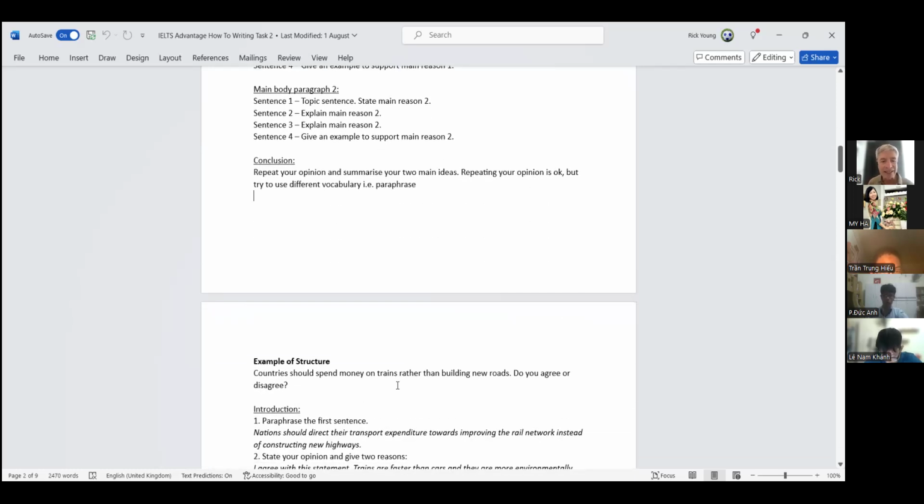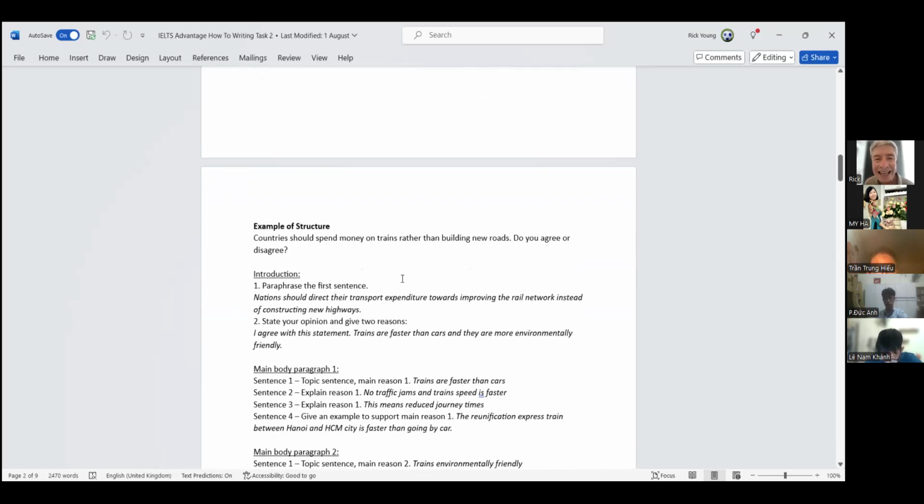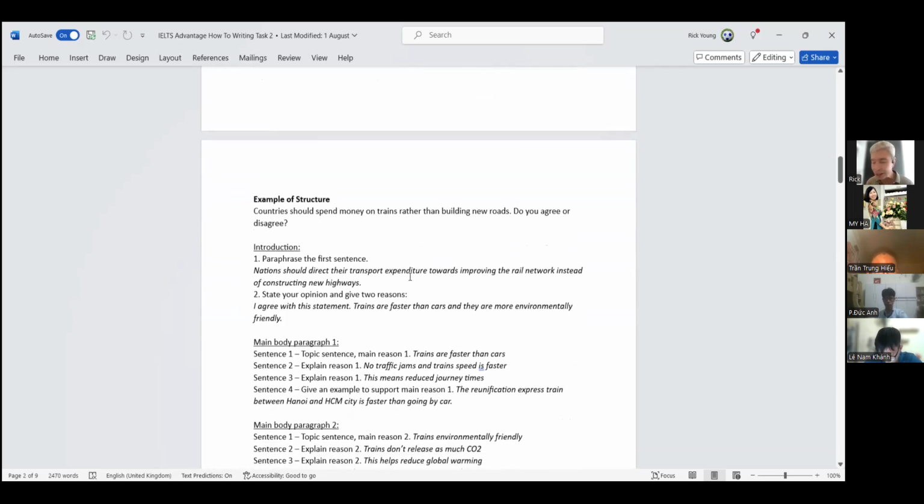Okay. Let's look at an example of how we can apply that structure to this question. Can you please read the question for me? Countries should spend money on trains rather than building new roads. Do you agree or disagree?